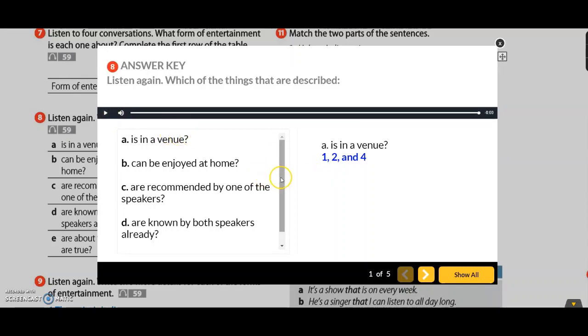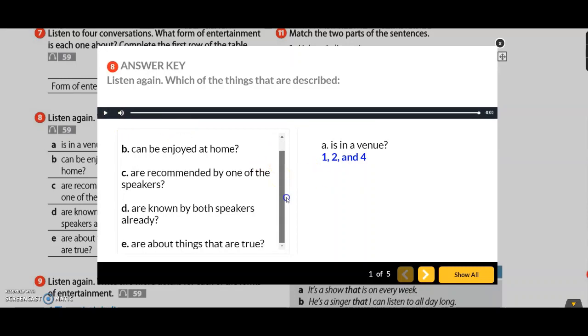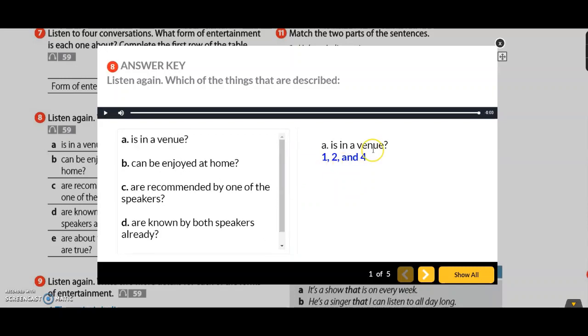Okay guys, now let's see the letters, and then we're going to mention which of the audios are heard. Okay, so A is an avenue. Number 1, 2, and 4 of the audio.